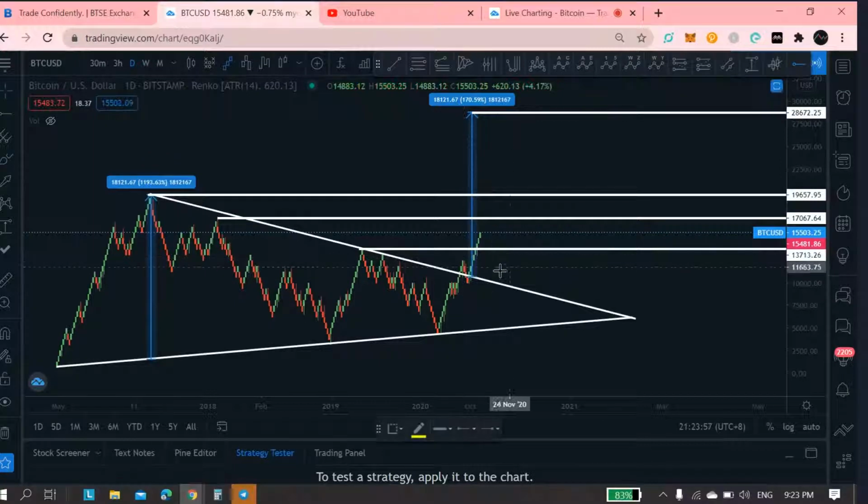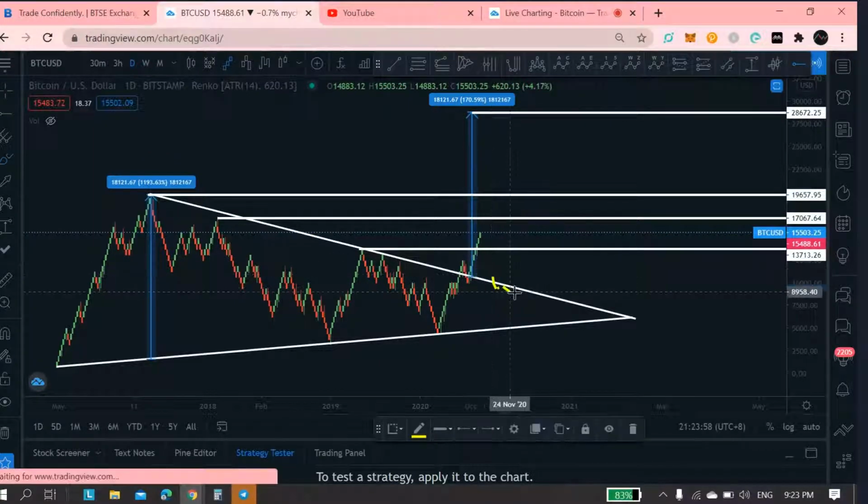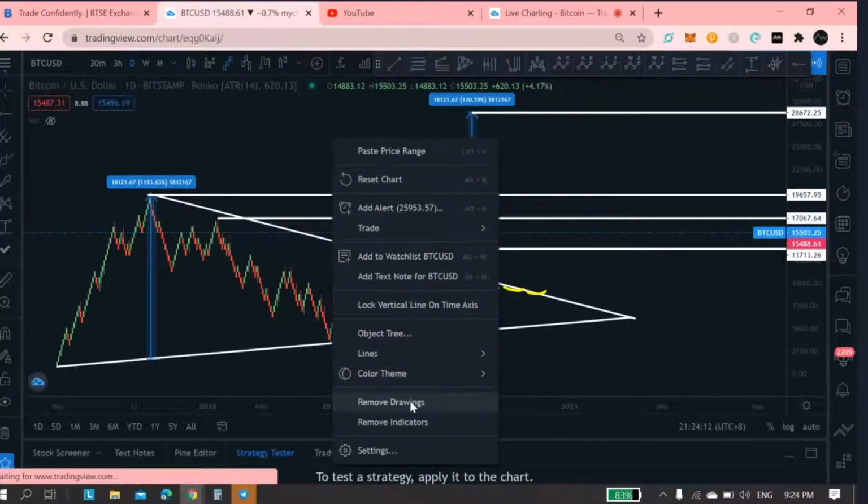Worst case, of course, it will retest this previous resistance, which will become support. So I think that's it. Now let's move on to the possible second scenario.